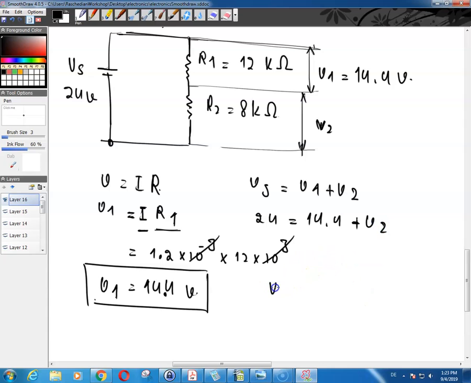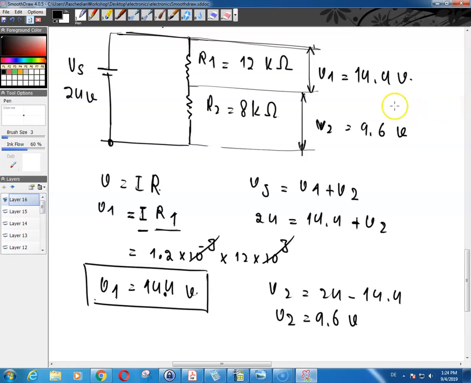So that means that V2 is equal to 24 minus 14.4, which is basically 9.6 volts. V2 is equal to 9.6 volts.